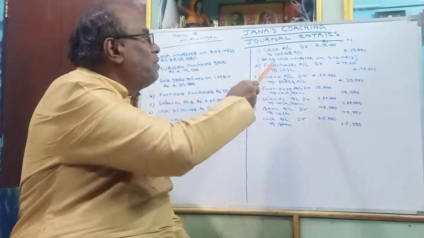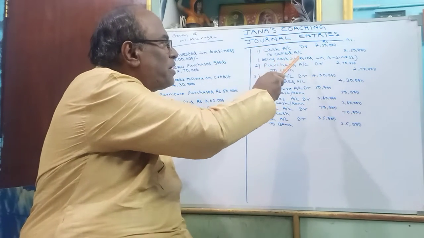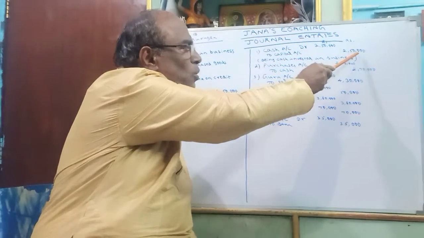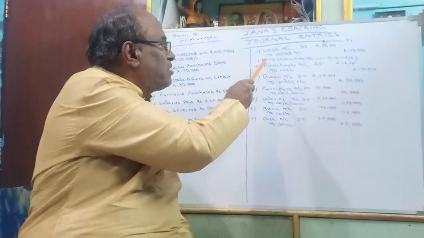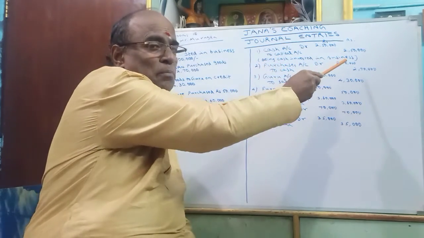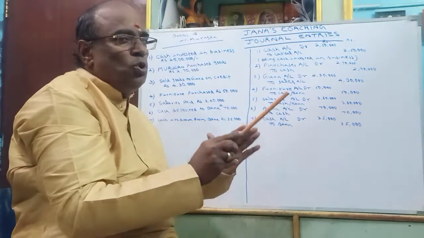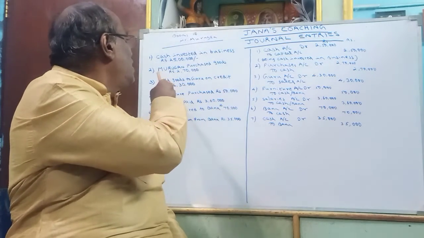Cash account debtor rupees 2,50,000 to capital account credit 2,50,000. The narration you have to write within brackets as being cash invested in business, like that you have to enter.